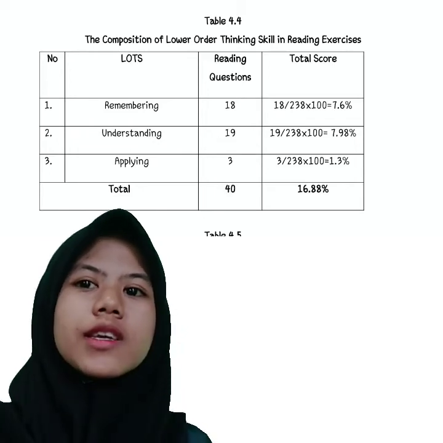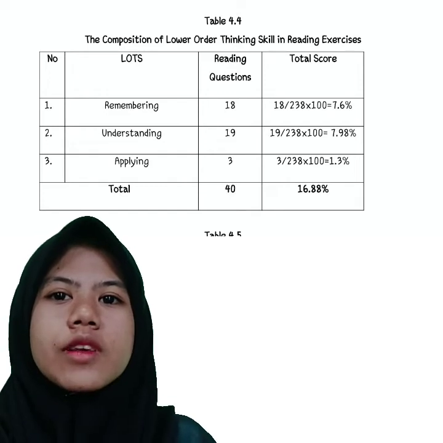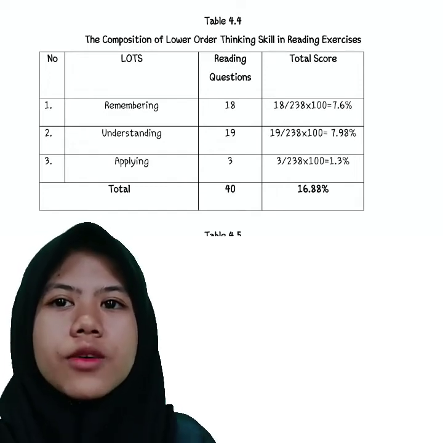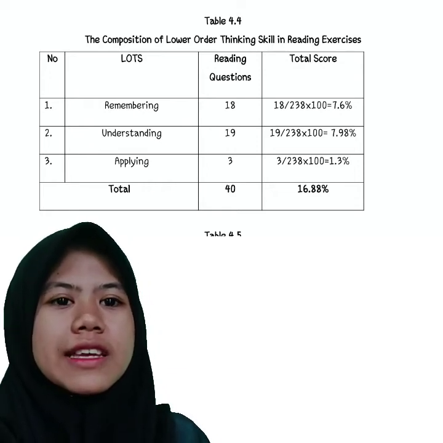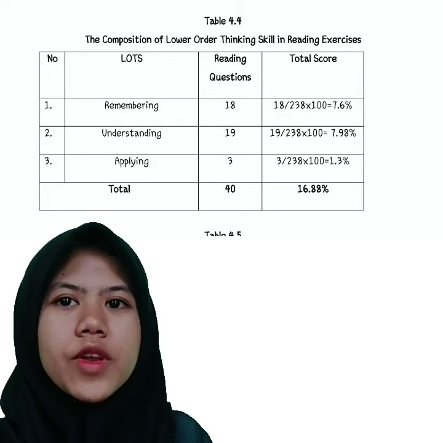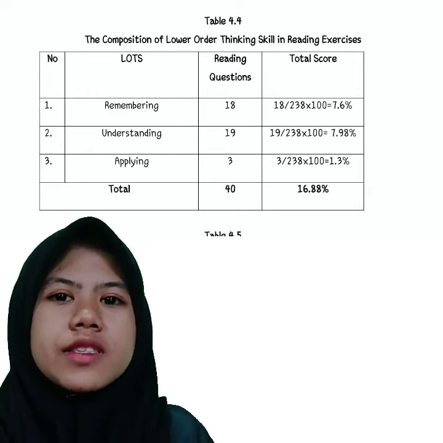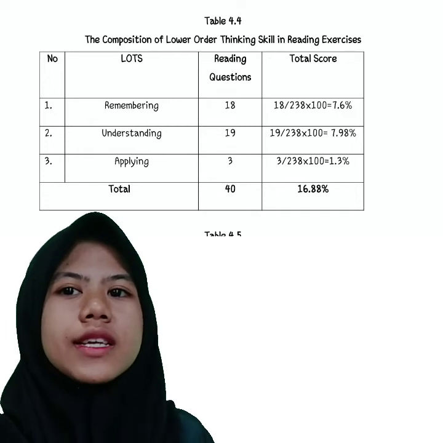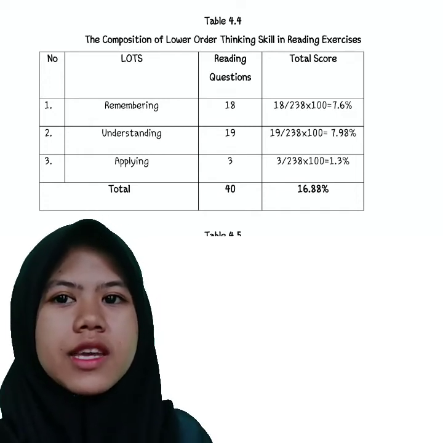And for applying, there are 3 questions, and the score is 1.3%. So the total of lower order thinking that we found in these reading exercises, there are 4 questions, and the total score is 16.88%.